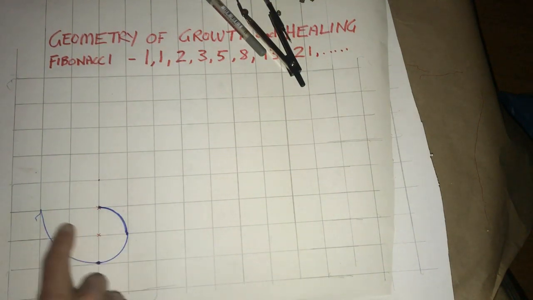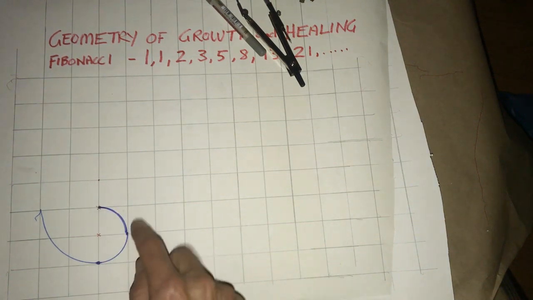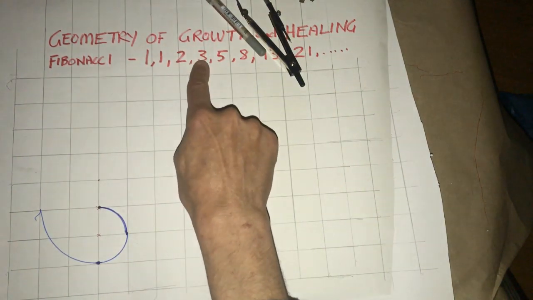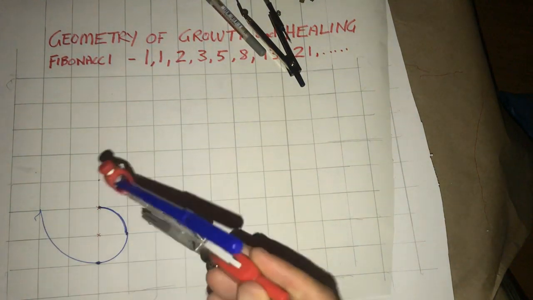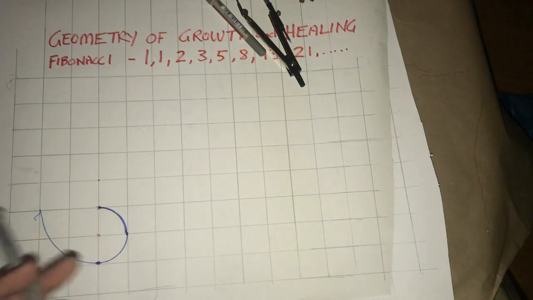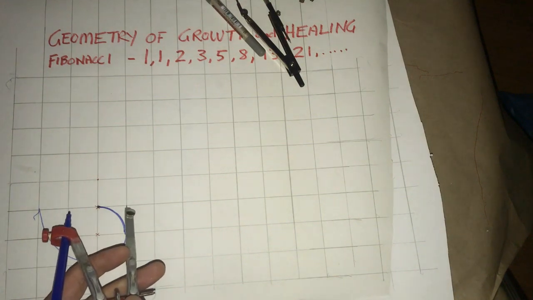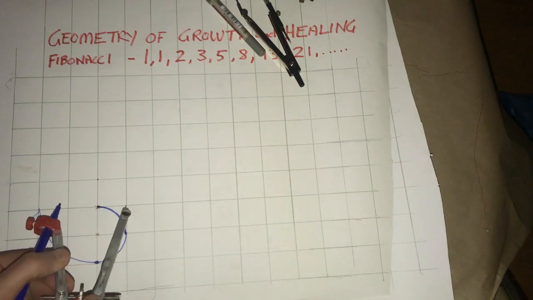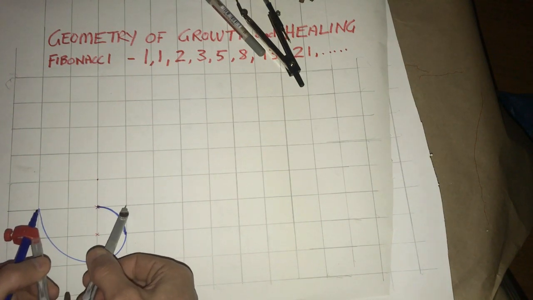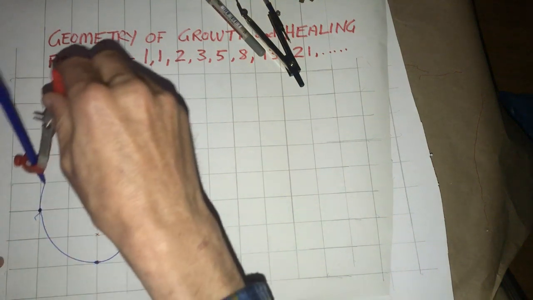We began at 1 by 1, now we're at 1 by 2, now we're at 2 by 3. Fibonacci, the factor of growth is the largest edge. The rectangle we've created is a 2 by 3. We set the compass again to the largest edge, and we draw another quarter circle.